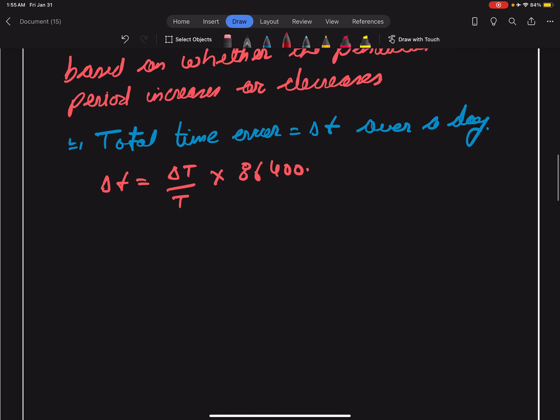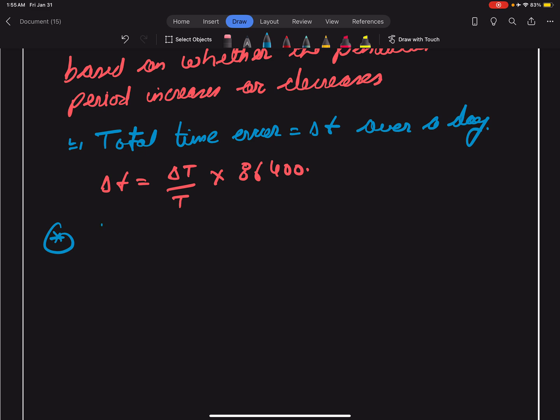So let us define the reference temperature. We say that the temperature at which the clock shows the correct time is T0. Let's call that the reference temperature.